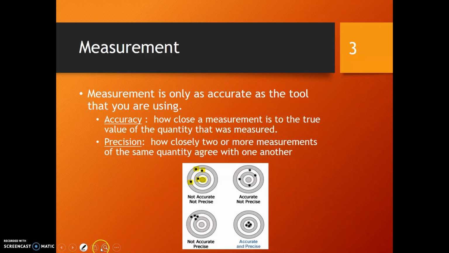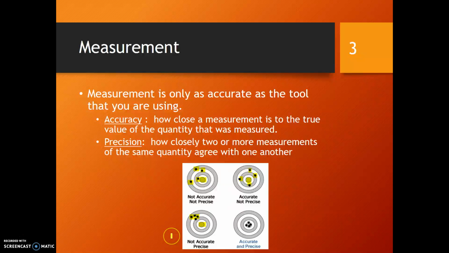Now, a second time around, you're making some throws, and it's getting closer to the bullseye, maybe these ones here, but they're not precise because the repeatability isn't very good. Now, look at a 3rd one here. This one, none of them made it near the bullseye, but they are all very close to each other.